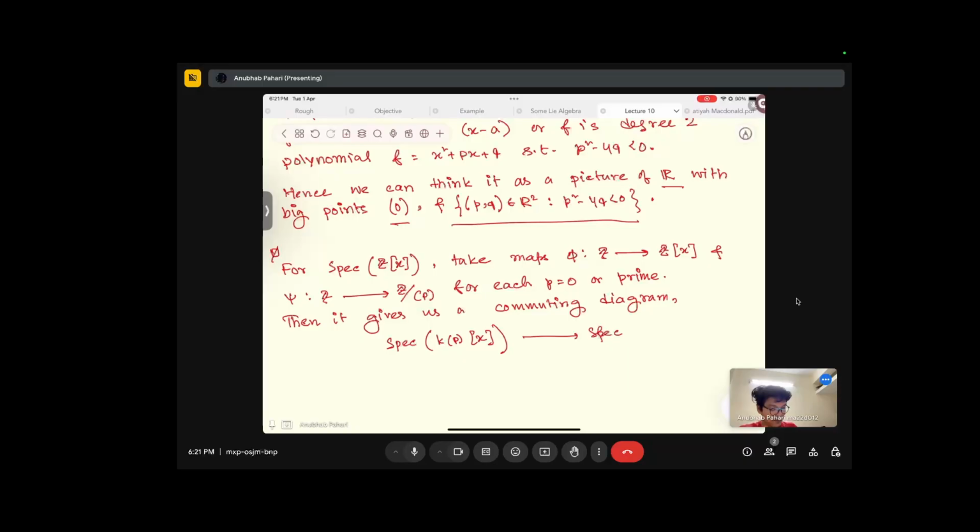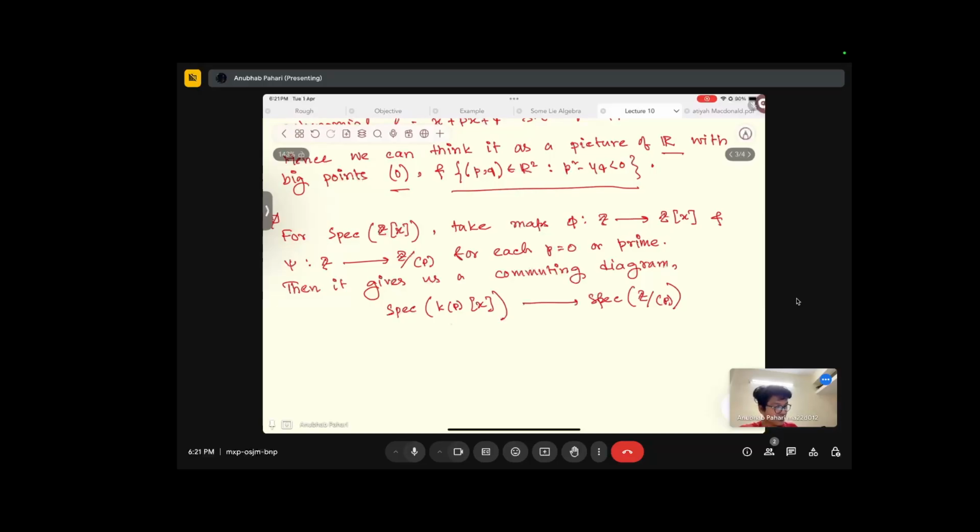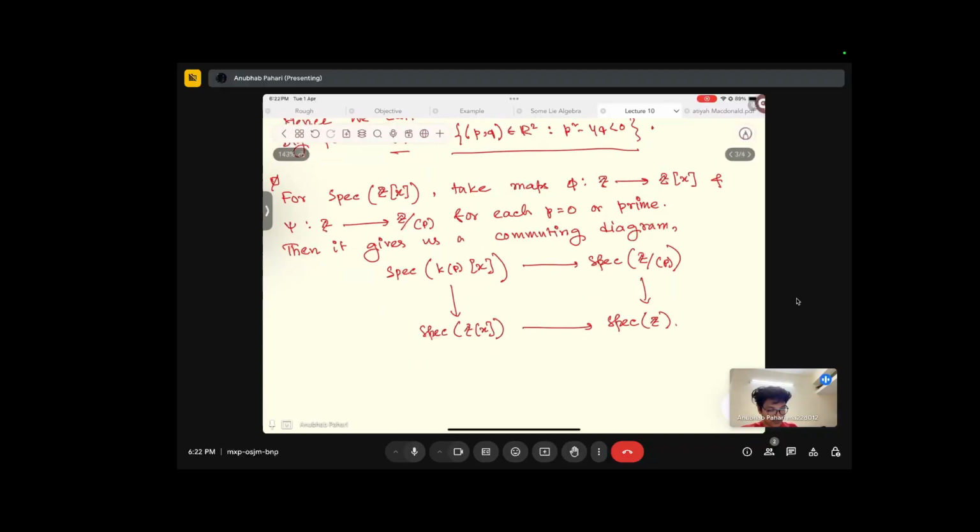Spec of Zp, from here to spec of Zx, spec of Z. So how are we getting this? So your kp is a residue field of p.